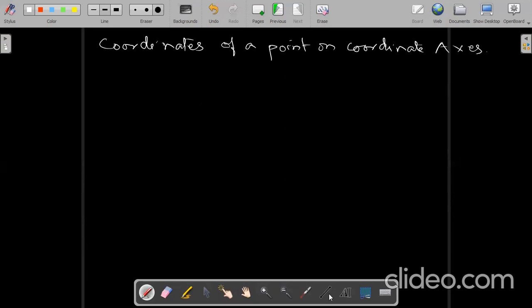So as you have seen, this is the x-axis, y-axis, and z-axis.